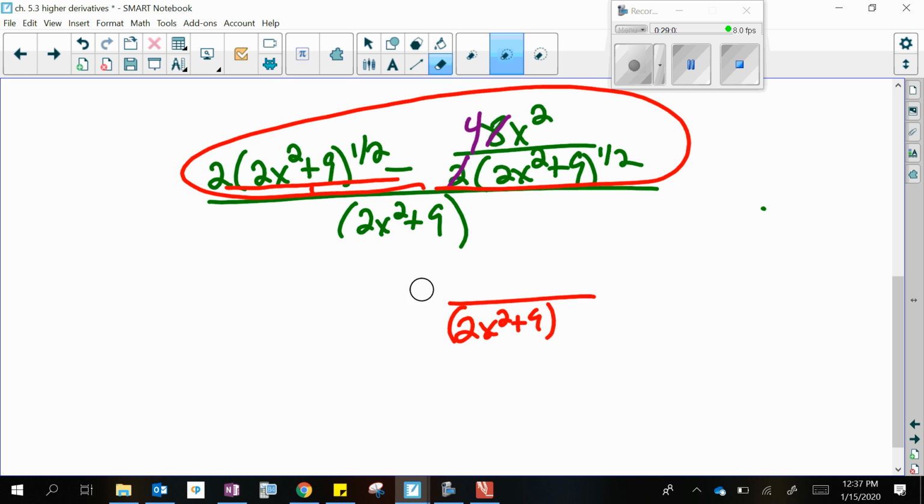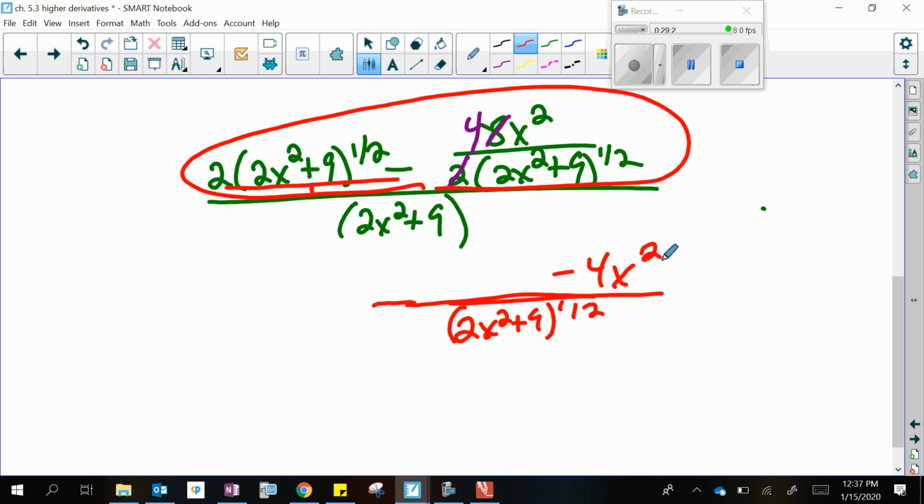Okay, so I need to write them both with 2x squared plus 9 to the 1/2, right? All right, so let's do it this way. This already has that, right? This part is already over 2x squared plus 9 to the 1/2. So I can just go ahead over here and say minus 4x squared. So I just have to fill in what this would be.